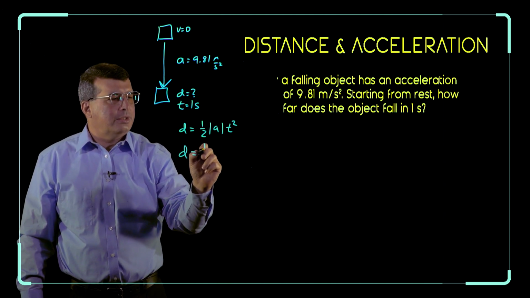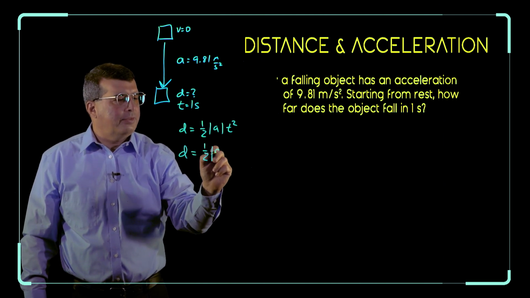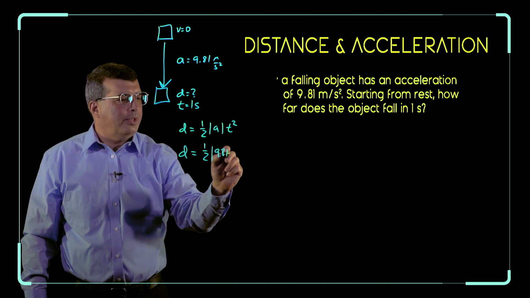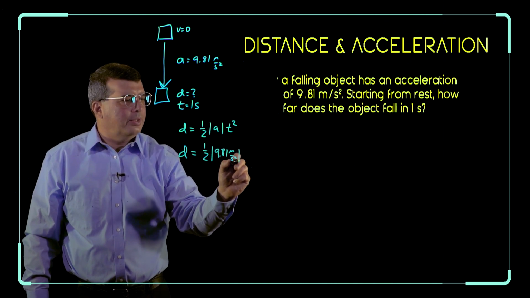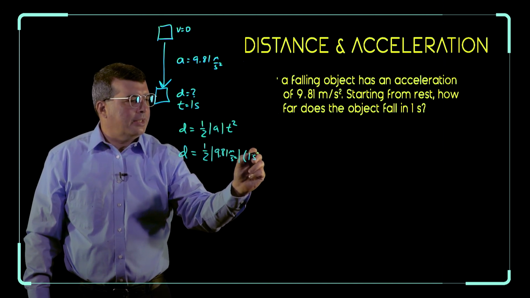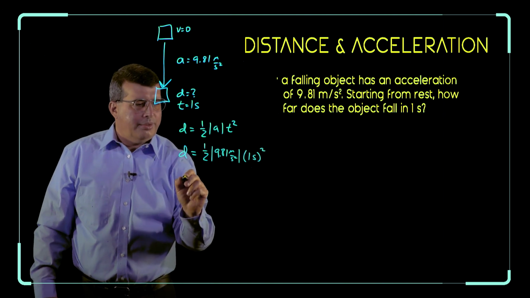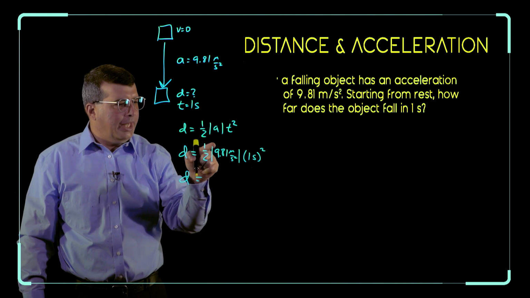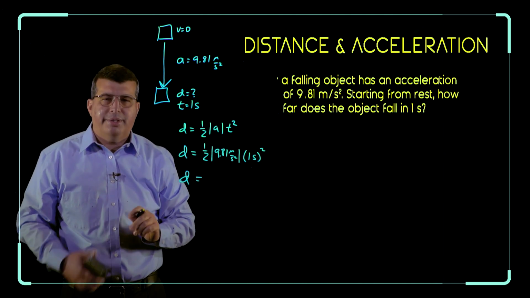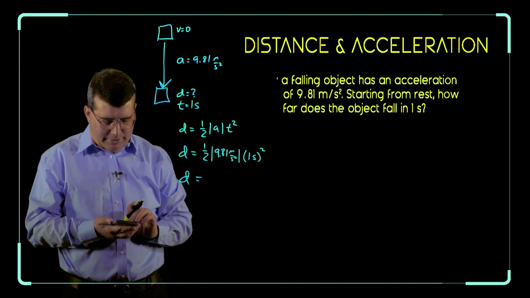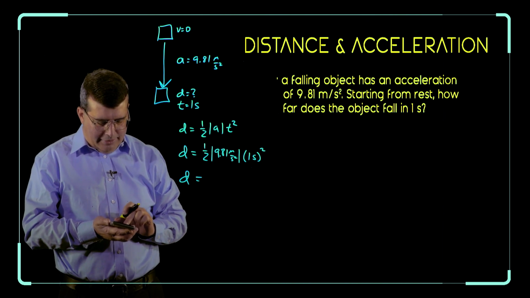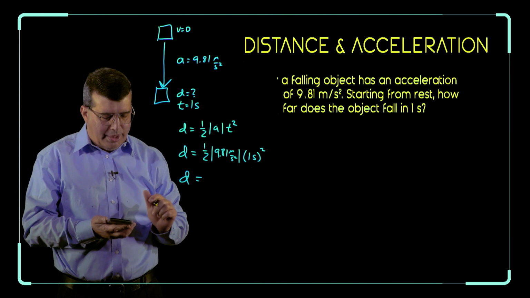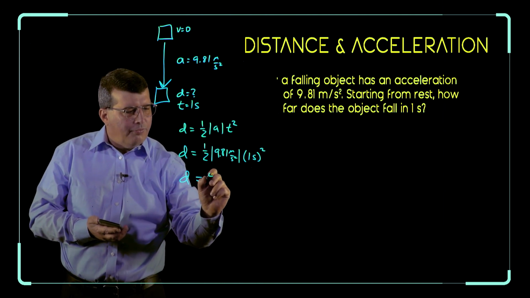Our distance is 1/2 times 9.81 meters per second squared, times 1 second squared. So the distance is 1/2 times 9.81 times 1 squared.